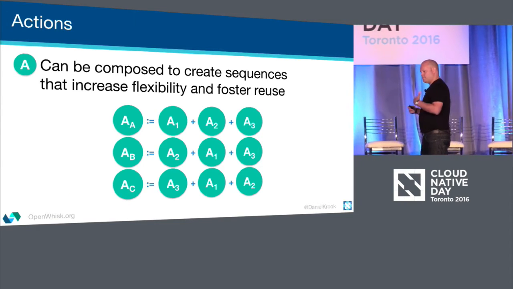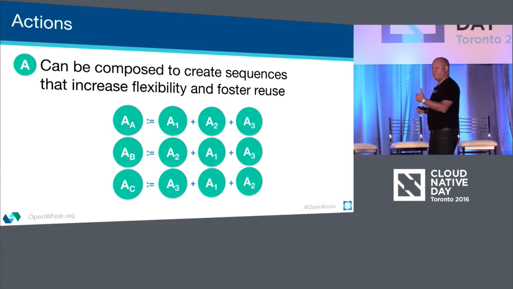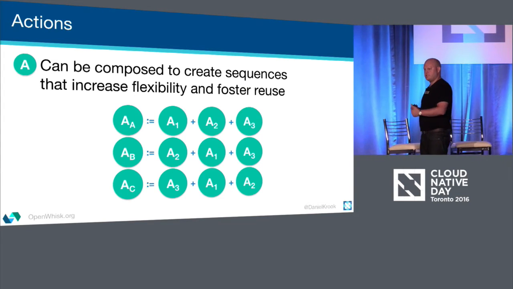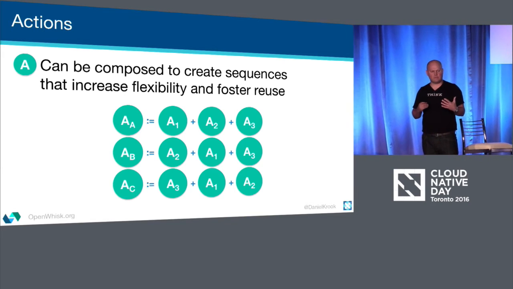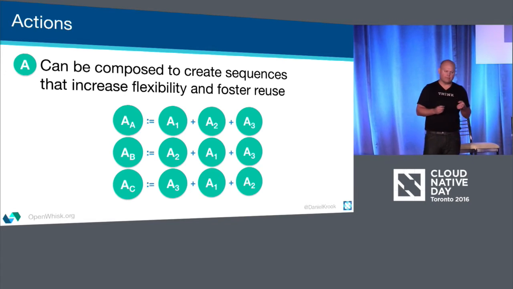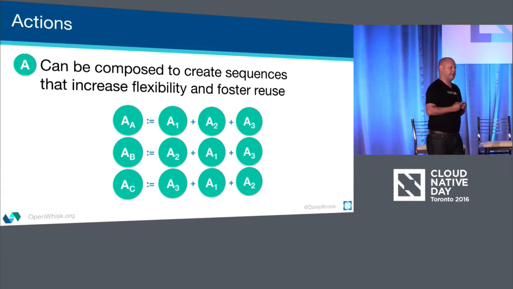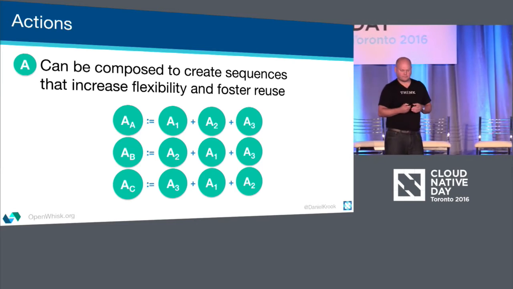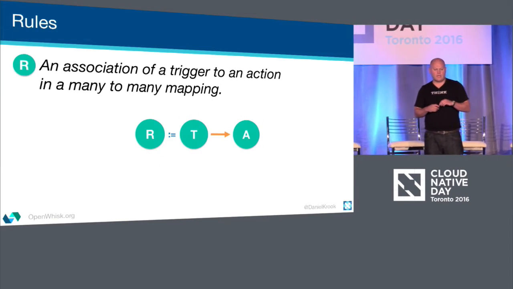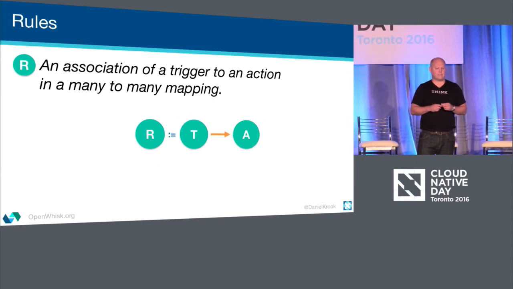And those actions, again, are a very extensible model of being able to chain these together to produce different logic and to further help you enforce a microservices design, where you have lots of little pieces of code doing independent actions that can be reused, that can be relied upon by other actions. And then the rule that ties it all together.